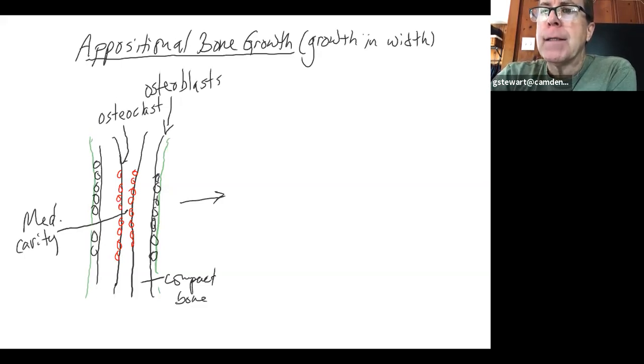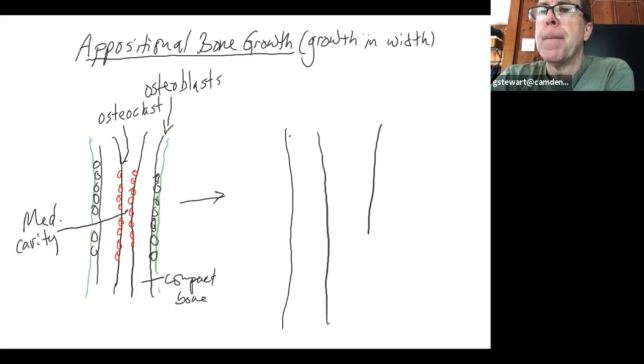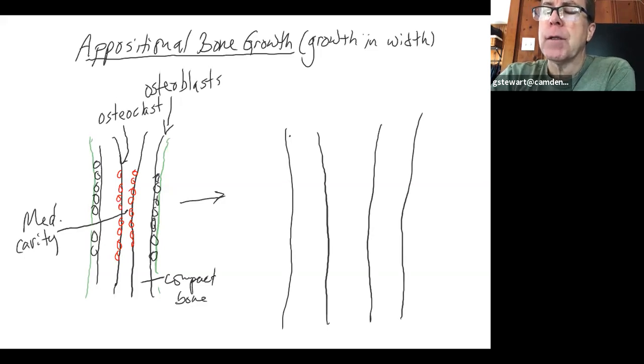And what that presents is something that ends up looking like this. The bone gets thicker because of the osteoblast activity, and the medullary cavity gets wider because of the osteoclast activity.